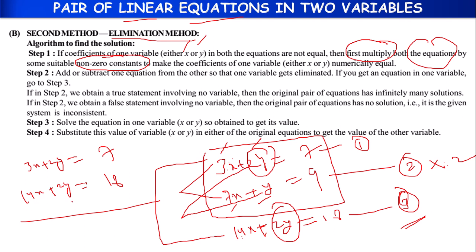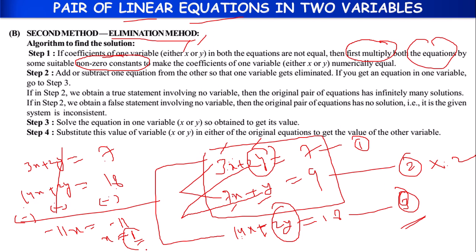If we subtract them, what happens? Plus 2y minus 2y get cancelled. So 3x minus 14x is minus 11x, equal to 7 minus 18, minus 11. The minus 11 cancels, x equal to 1. This value we will get.